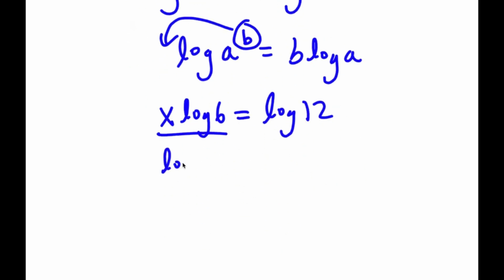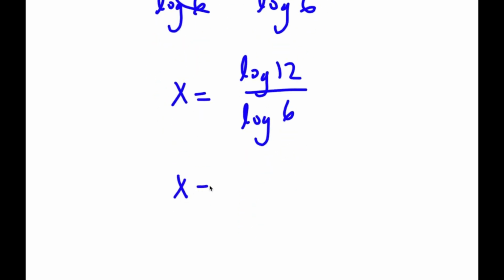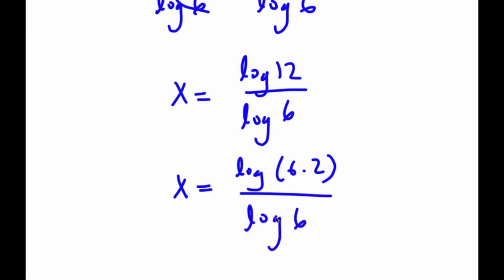Now, to solve this, I'm going to divide both sides by log 6. These two cancel out, and I have x is equal to log 12 over log 6. Now log 12 is the same thing as log 6 times 2, and I have this over log 6.